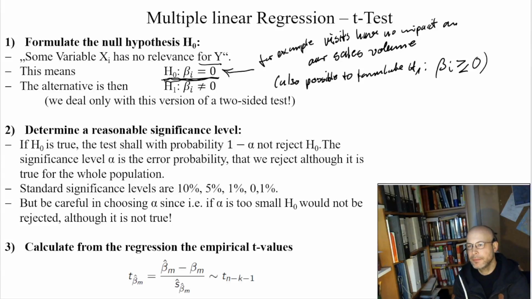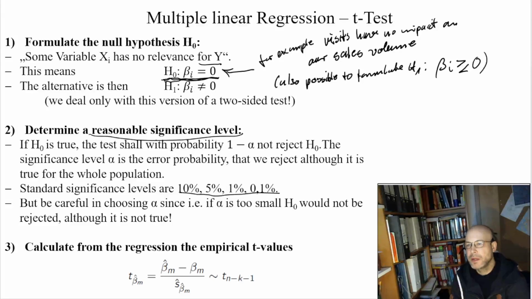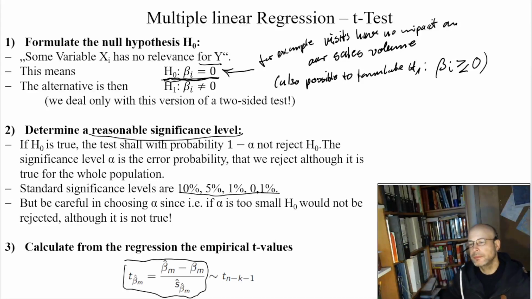Again, we have to choose our reasonable significance level. We talked about this already in the F-test. Again, in general, very often we choose 10, 5, 1, 0.5, or 0.1% significance level. And then, in concrete, we again know that our t-value is t-distributed and that we have to calculate it in this way.